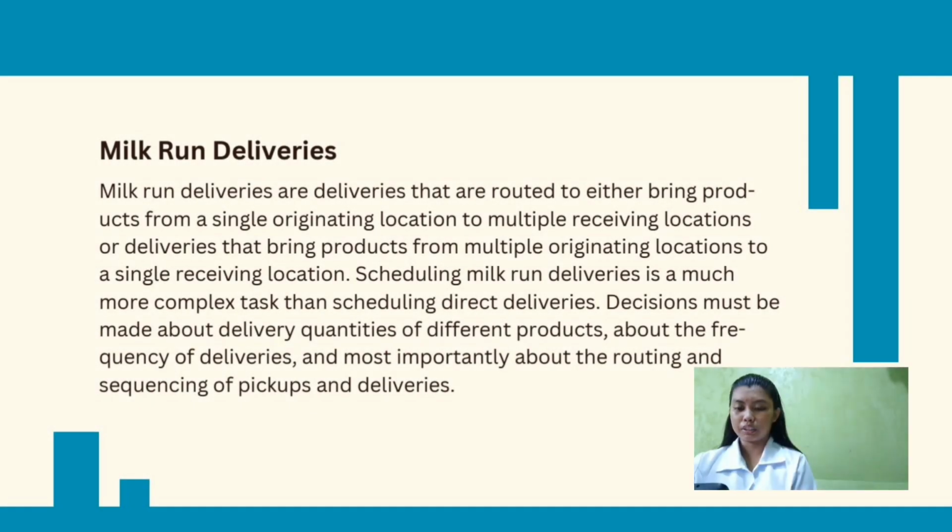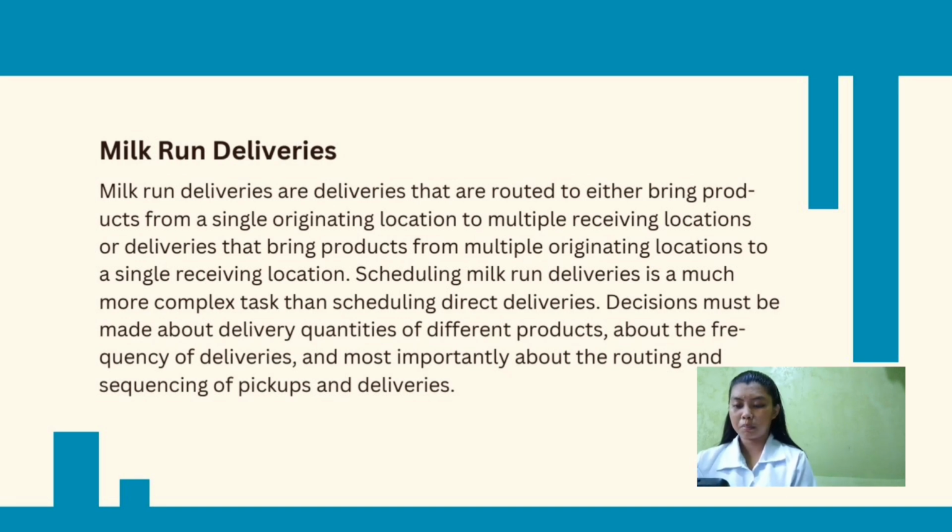Milk run deliveries. Milk run deliveries are deliveries that are routed to either bring products from a single originating location to multiple receiving locations, or deliveries that bring products from multiple originating locations to a single receiving location.